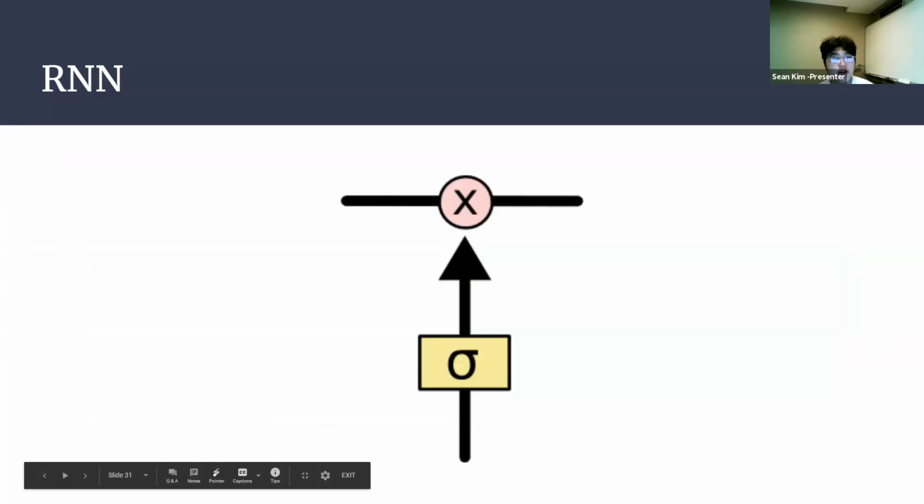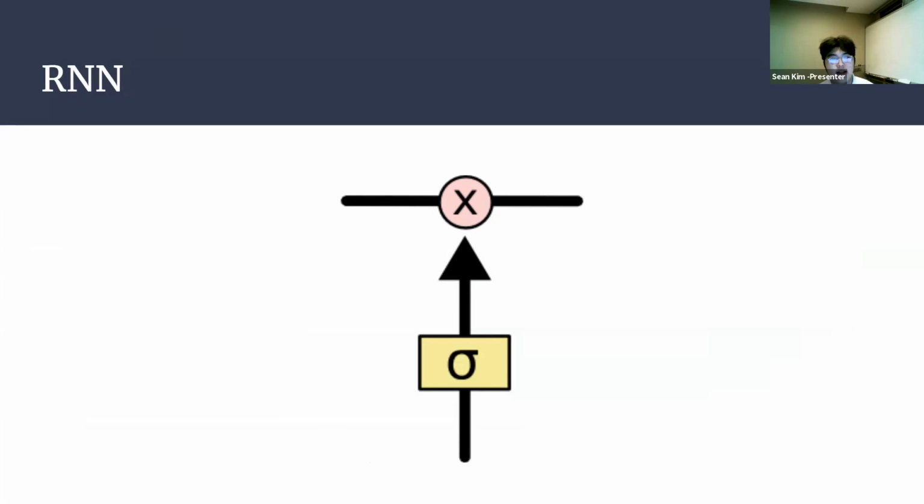So this is one of the first gates of LSTM. The sigmoid layer outputs a value between 0 and 1, and these values represent how much information should be delivered.